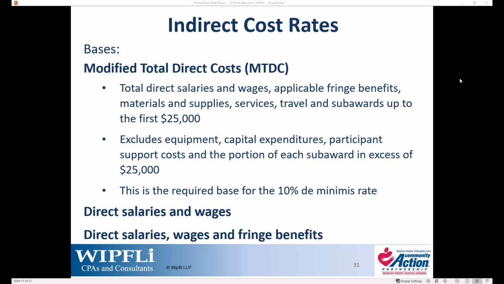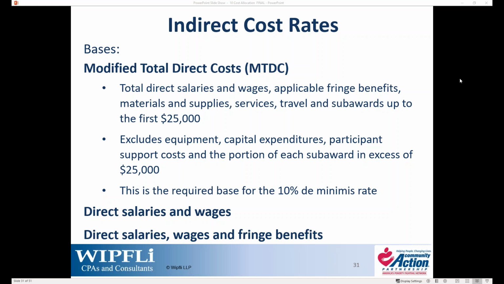So the modified total direct are all your direct salaries, wages, fringes, materials, supplies, and subawards up to the first $25,000. So that's your modified total direct costs, the direct costs that get charged to a program.